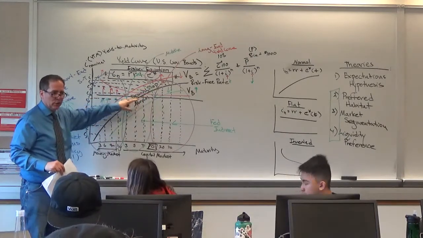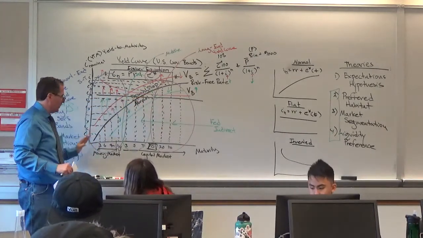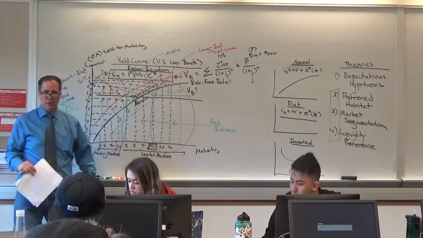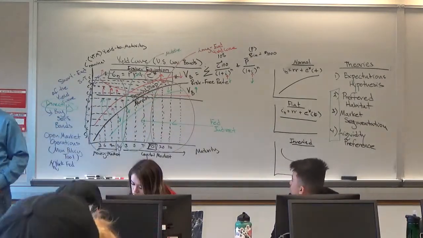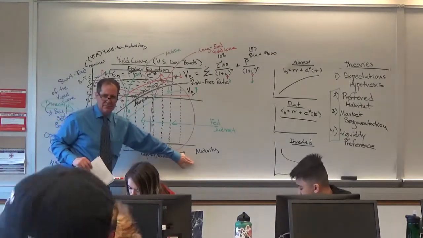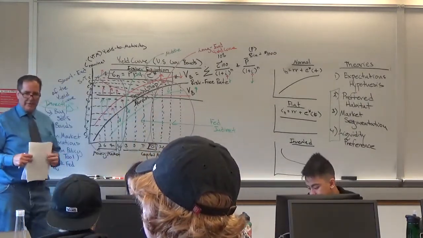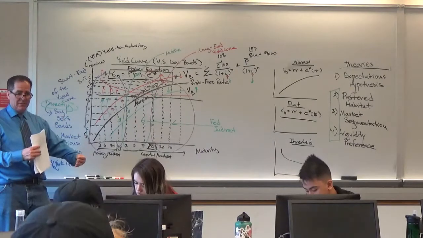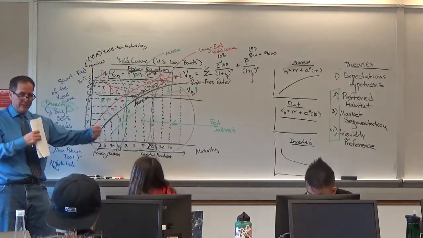or a normal curve. Okay, this is a normal, and it's upward sloping like this. It's called normal or upward sloping. What did you say the x-axis was? This is the maturity on the bond. So the bond has a life of 3 months, 6 months, 9 months, 1 year, 3 year.